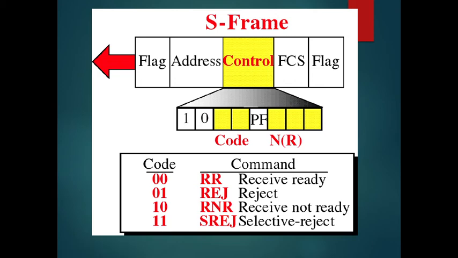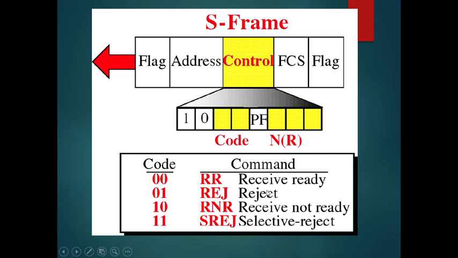We have 2 bits for the code, and if it is 0 0, it means receive ready. What this means is that it is going to acknowledge the reception of a frame, that is, the receiver has received a frame correctly. So it is acknowledging back to the sender that it has received the frame, and now it is also ready for further reception. 0 1 means reject.